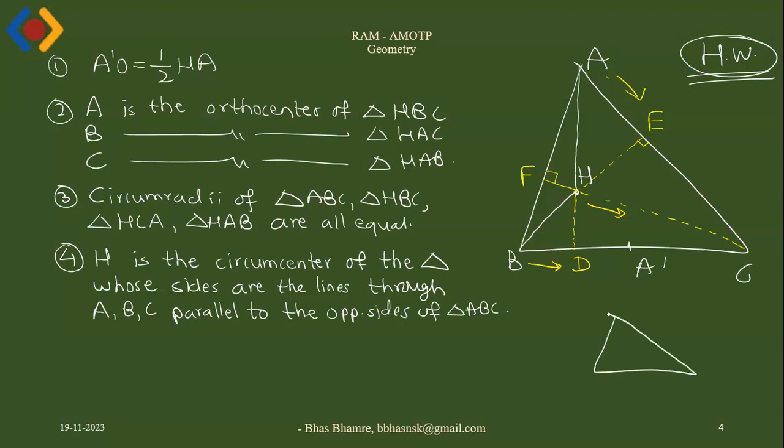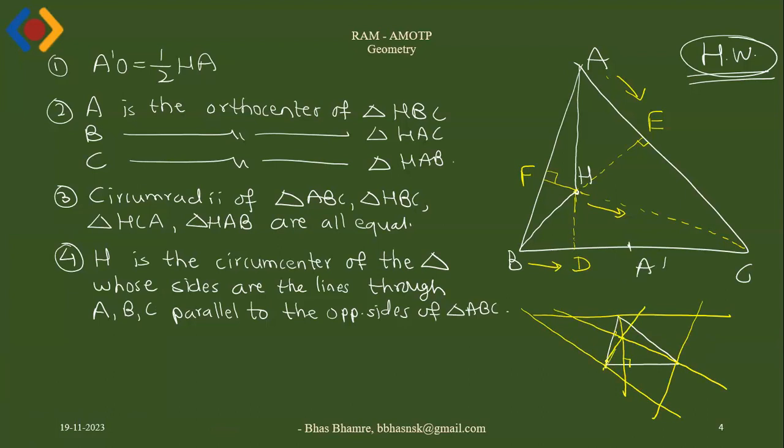Say this is our triangle ABC. Just a minute, I will redraw it. Say this is triangle ABC. If we draw a parallel, then if we drop the perpendiculars, this is the circumcenter.